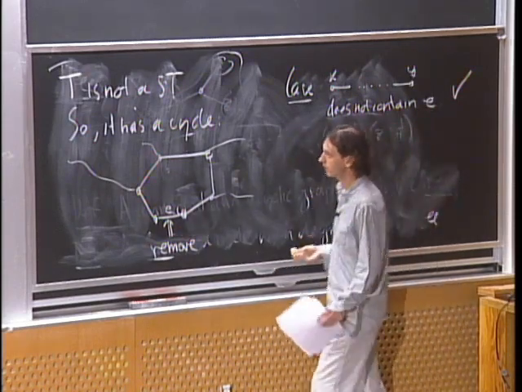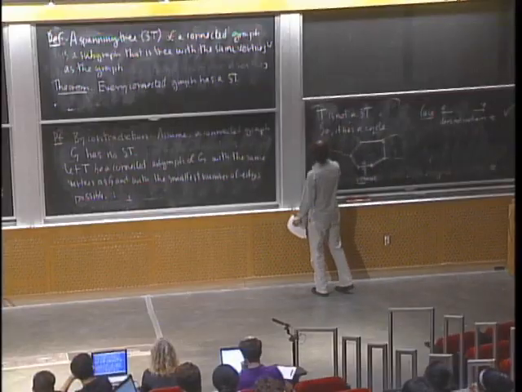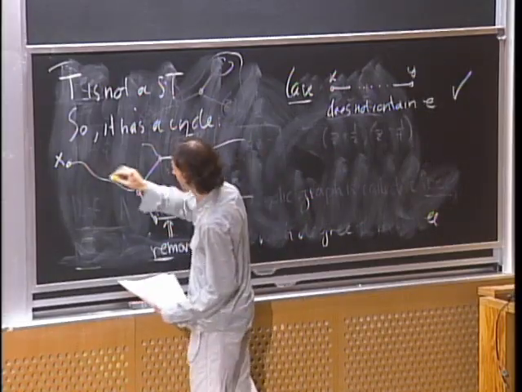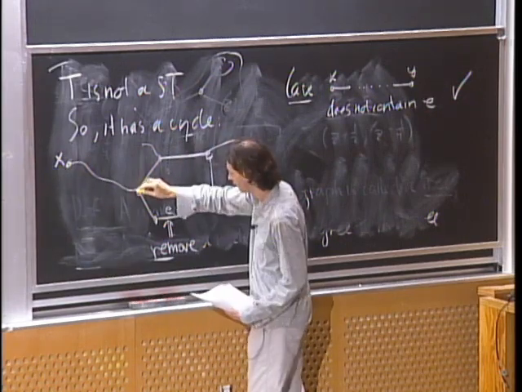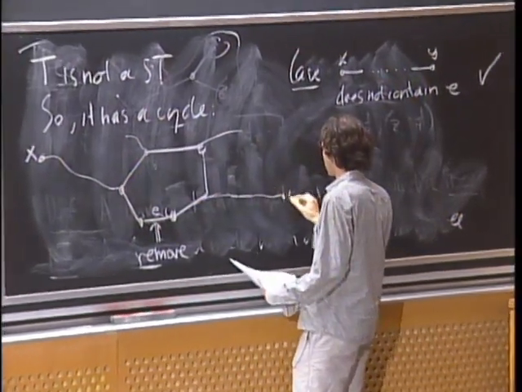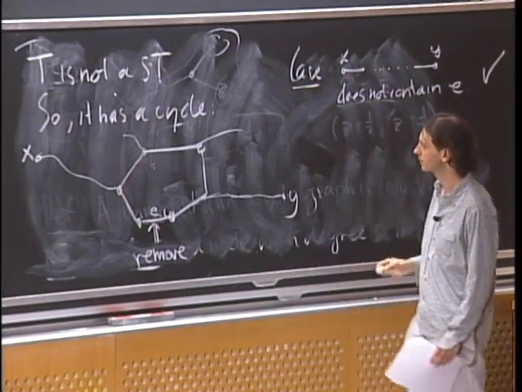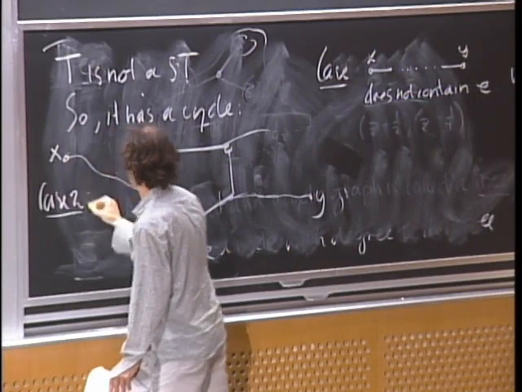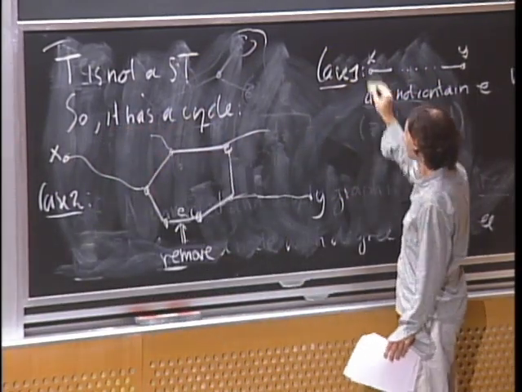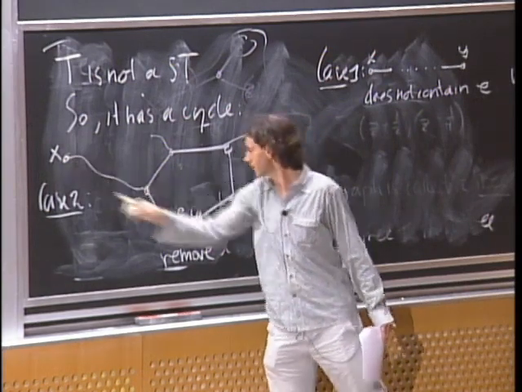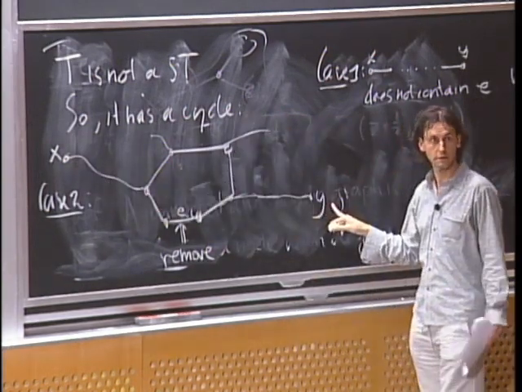So now let's look at another case. For example, x is over here, and it is connected all the way through here, over this particular edge, all the way to, say, y over here. So this is case number 2. Well, are x and y still connected? Yes, they are, right?